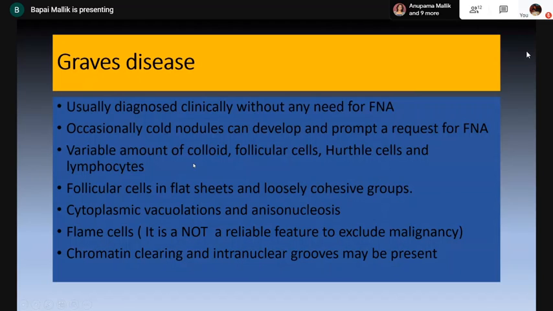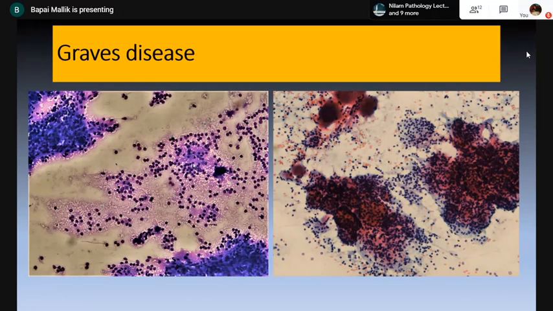I'm not aware whether there are any such studies, quite unlikely, but I think that not aspirating patients with nodules with Graves' disease is very helpful for cytological interpretation, or else our life is going to be far more difficult. So this is from Graves' disease, which happened to be aspirated.